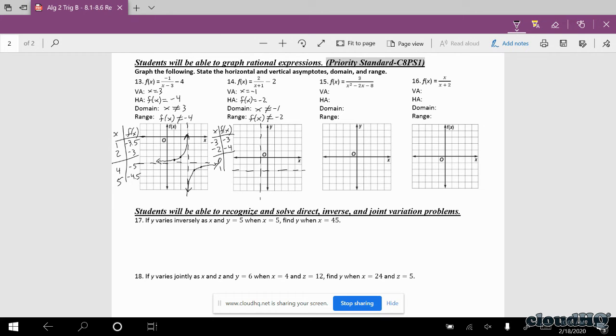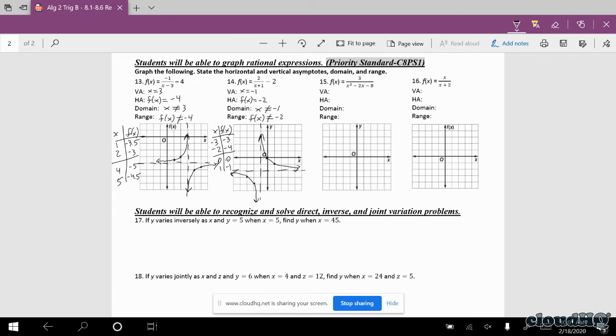Plug in 0, get 0. Plug in 1, get -1. Connecting the dots with consideration to the asymptotes.